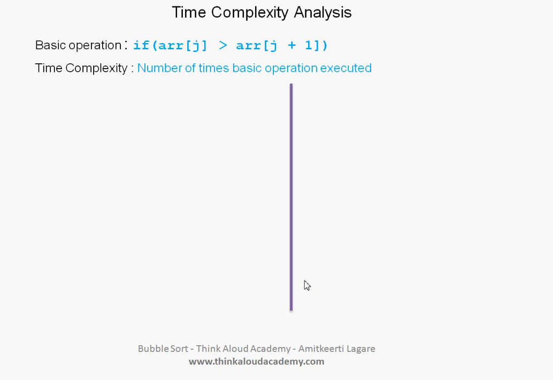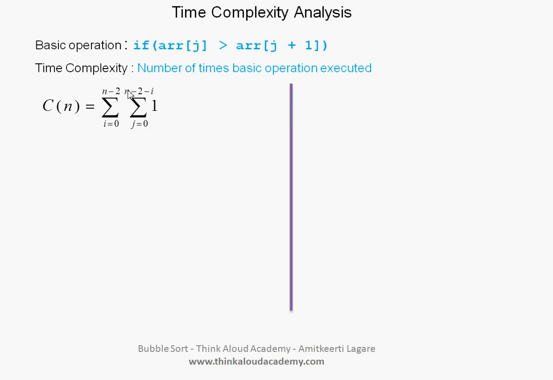The basic operation is whether the left hand side element is greater than the right hand side. Since for both for loops this is the statement which gets executed every time, we treat this statement as the basic operation.